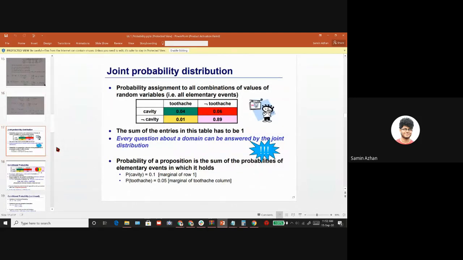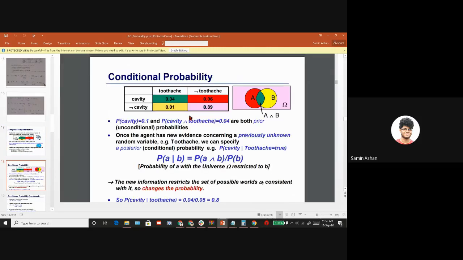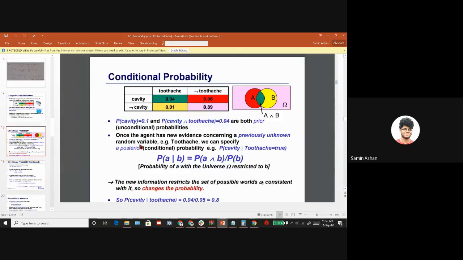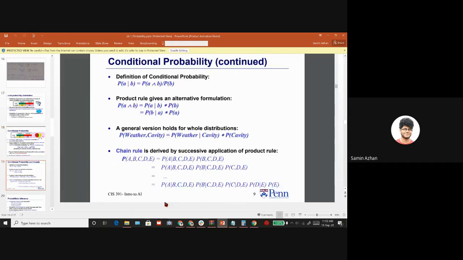So there's another example given in the slide, which is pretty similar. Cavity and toothache. I'm guessing you guys can figure this one out by yourselves. It's the same rule. There's nothing new here.